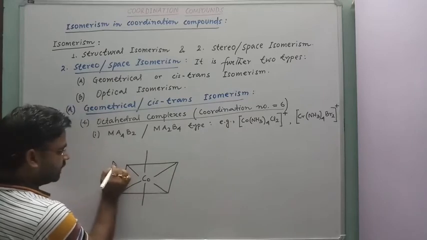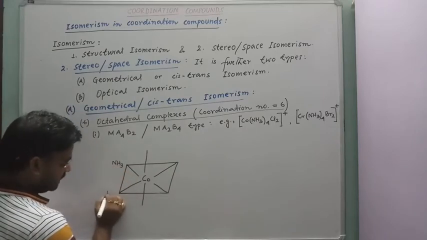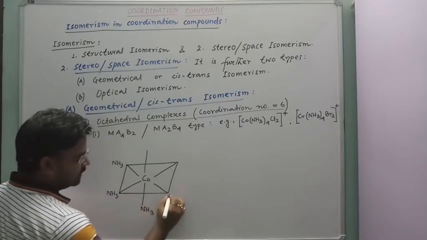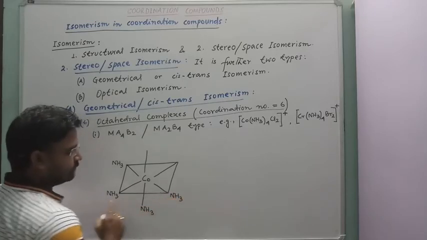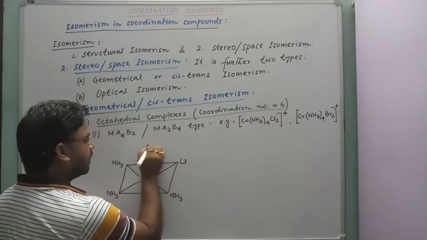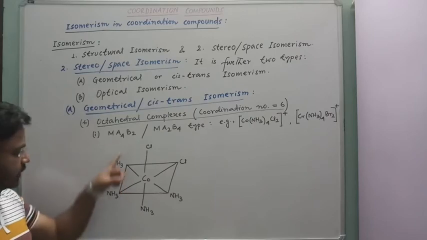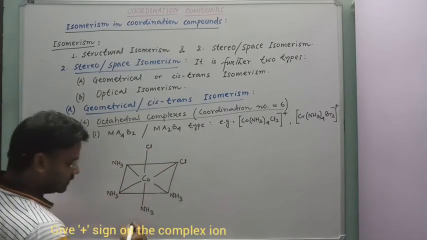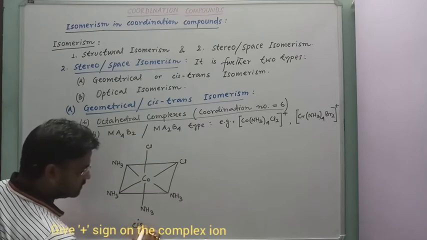NH3, NH3, NH3, NH3, four NH3, and Cl2, one chlorine, one chlorine. So in this structure, both chlorines are in the same plane. So this is cis isomer.